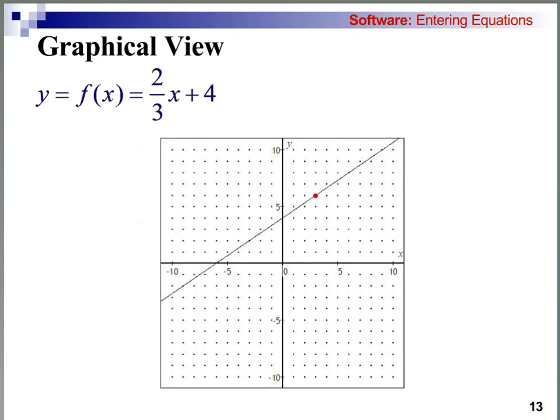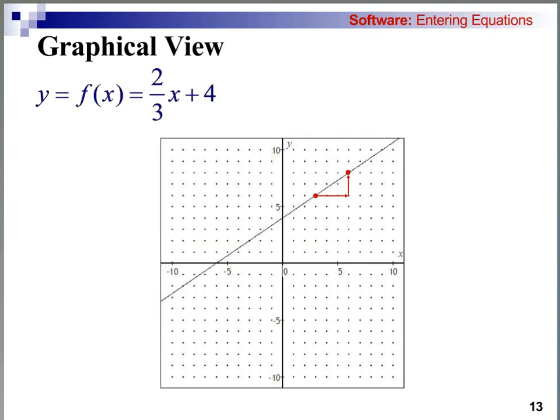Here's an example of a very simple line. We have y is equal to 2/3 of x plus 4. Let's take a look at the point you can see here on the graph in the red dot, and see what happens as we make our way from this point on the line to another point on the line. I'm going to start at this point and move over a little bit in the horizontal direction to the right, in the positive direction. Then I'm going to move back up to the line to a new point.